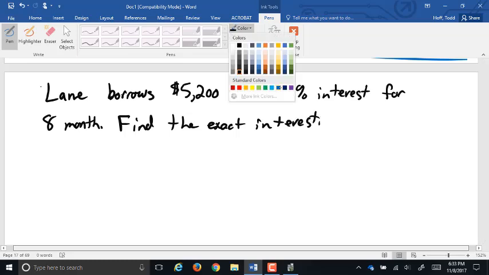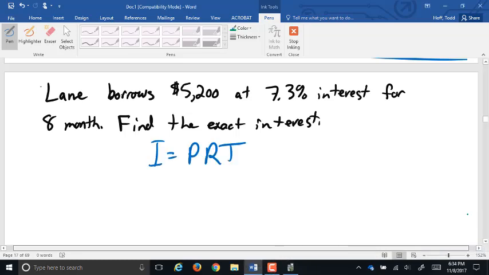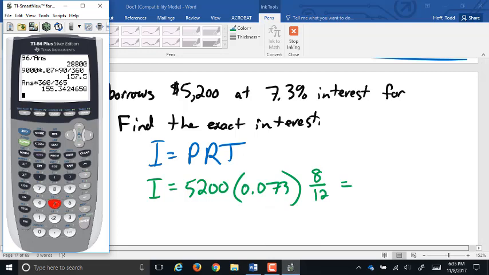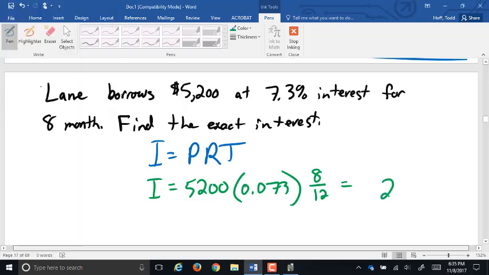I'm going to give you guys a couple minutes to do that one in your notes. So, we're looking for the exact amount of interest. What are we going to put in for the principal? $5,200. What's going in for the rate? 0.073. What's going in for the time? 8/12. $253.07.